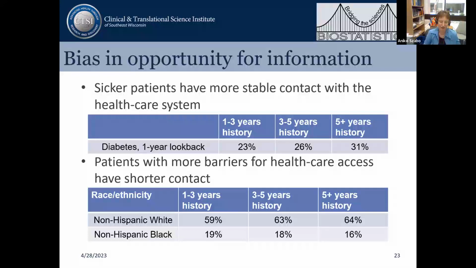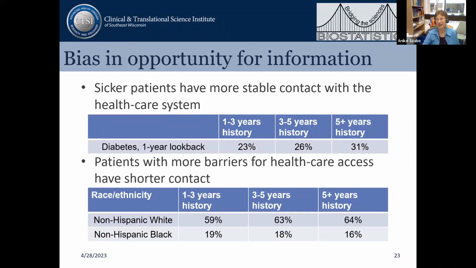And the problem with opportunity for information is that it biases the results even beyond this somewhat obvious thing that the longer time you have to look, the more things you are going to find. One issue is that sicker patients tend to have longer, more stable contact with the healthcare system, right? And healthier people don't go as often.